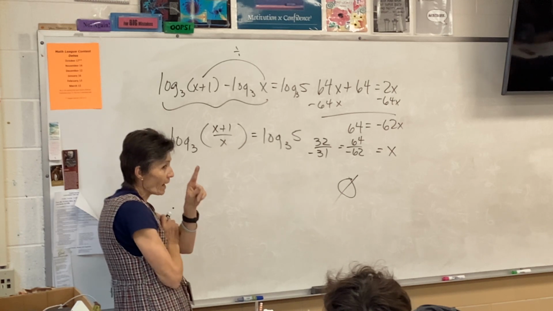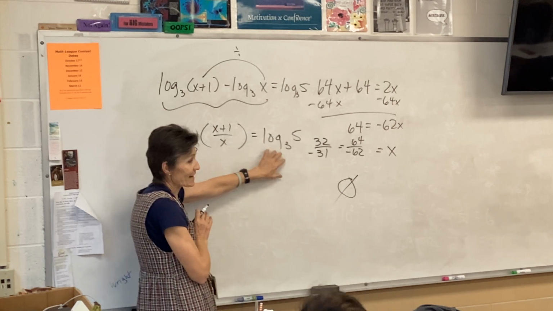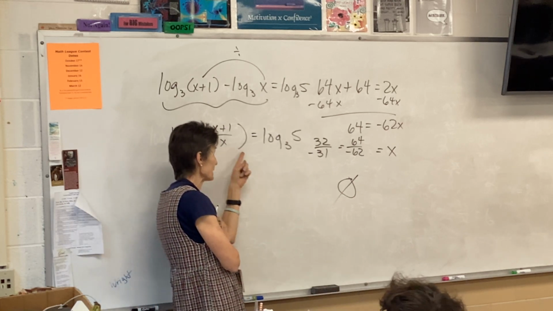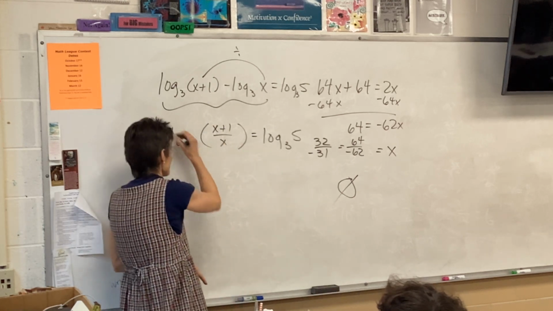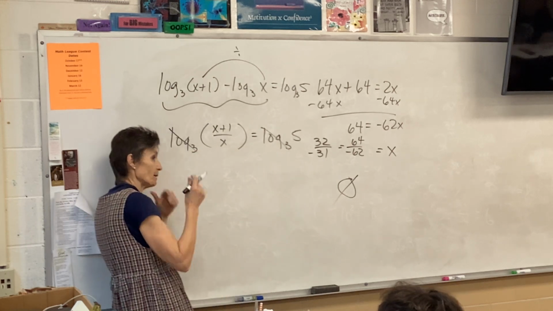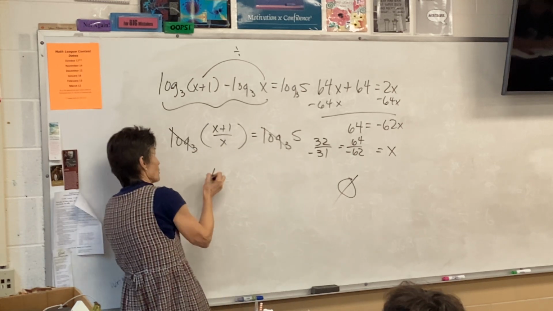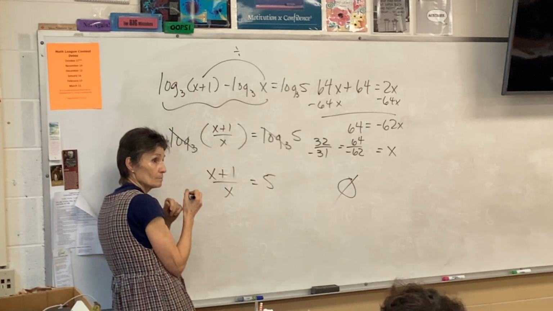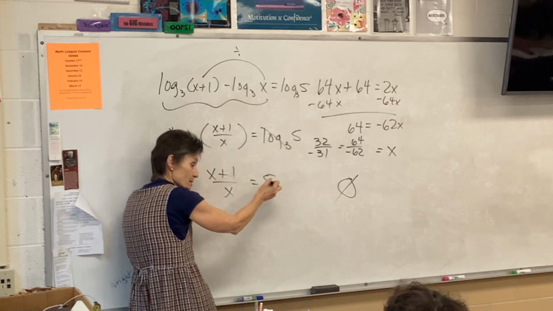Now, do not log rule, because that's not a number. But what do I do when I have log equals log? These are gone. They disappear. So x plus 1 over x equals 5, times by x.